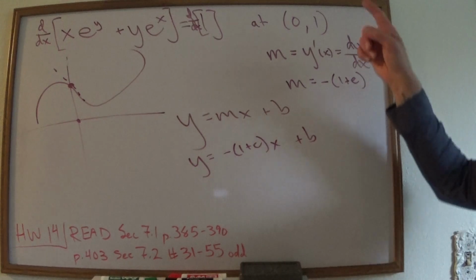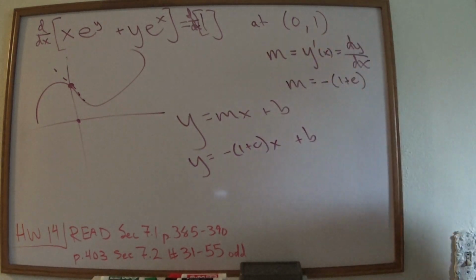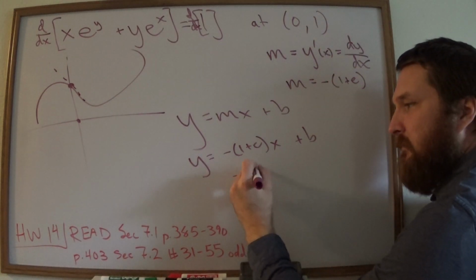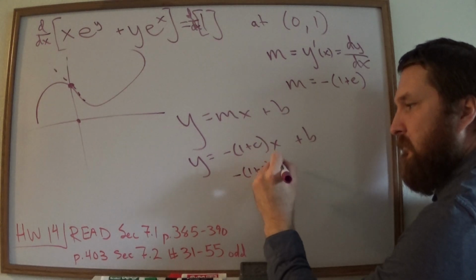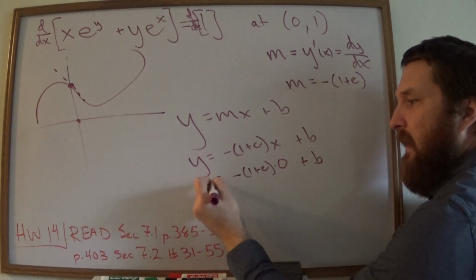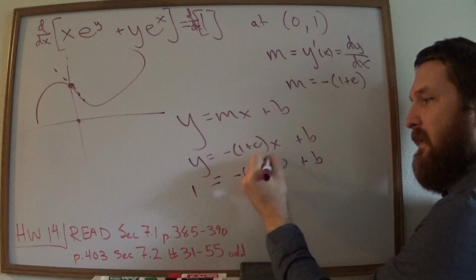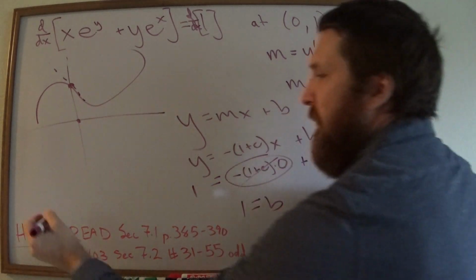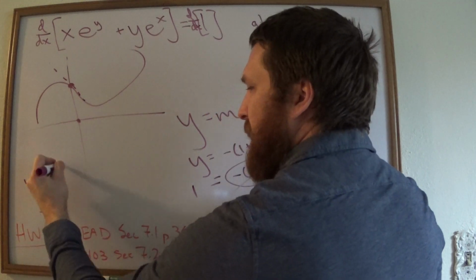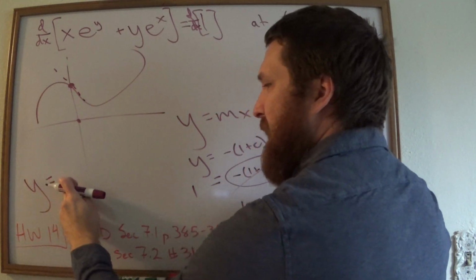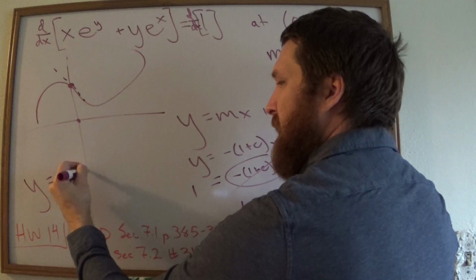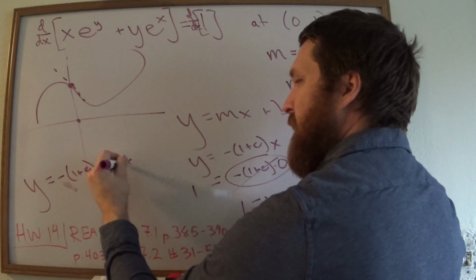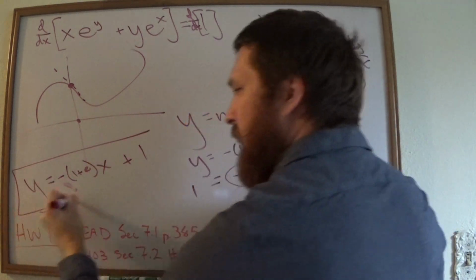And when I plug in a 0, I get out a 1. 0 makes this whole thing go to 0. I get 1 equals b. Therefore, the equation that I'm looking for is y equals negative 1 minus e times x plus 1.